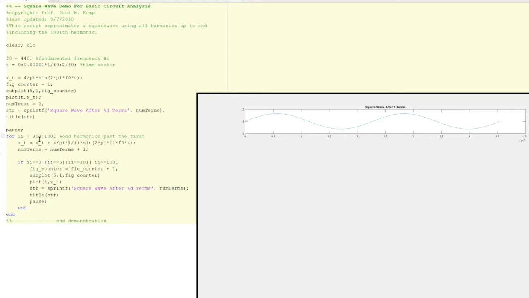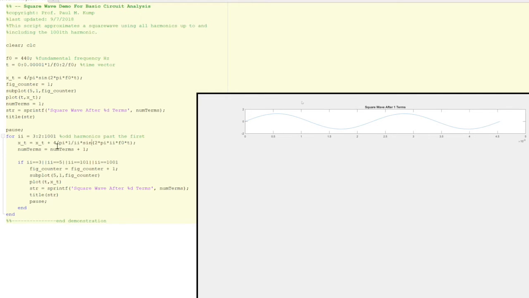And each time it runs through the loop, it's going to add to our x of t a new sinusoid. So for instance, when ii is equal to 3, our new sinusoid will have a frequency 3 times 440 Hertz, and an amplitude of 1 over 3 times 4 over pi. Now the details you don't have to know.